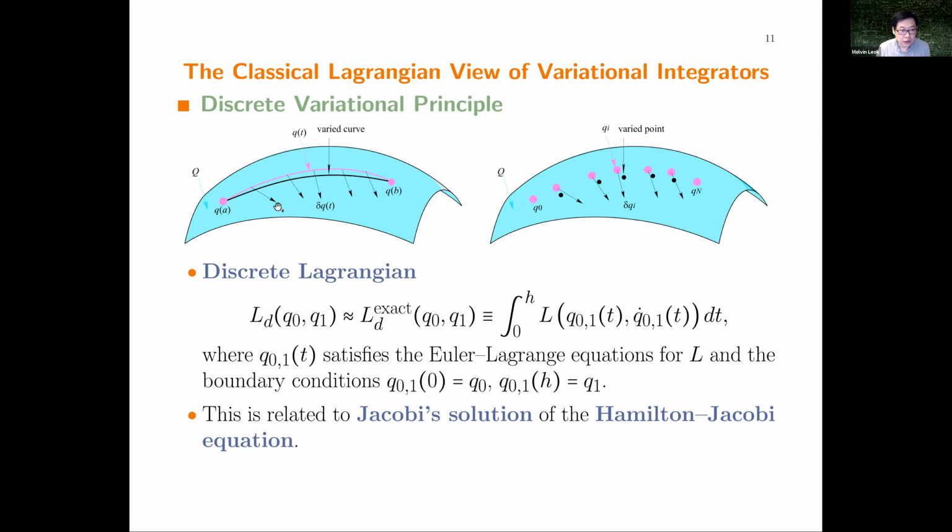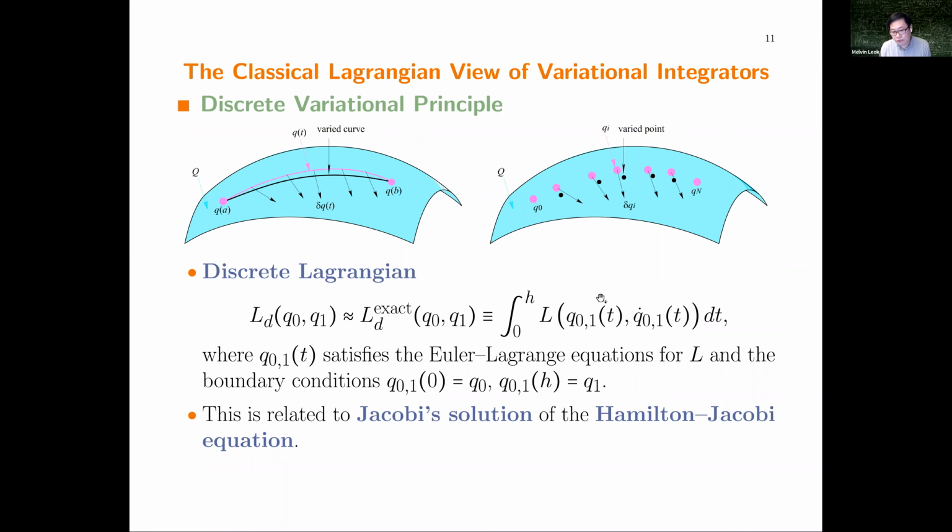Okay. All right. So now we're going to try to discretize this, and the way we're going to do it is by replacing the action integral by, for lack of a better term, pieces of the action integral. So instead of integrating over the entire time interval, I'm going to integrate over a short time interval.